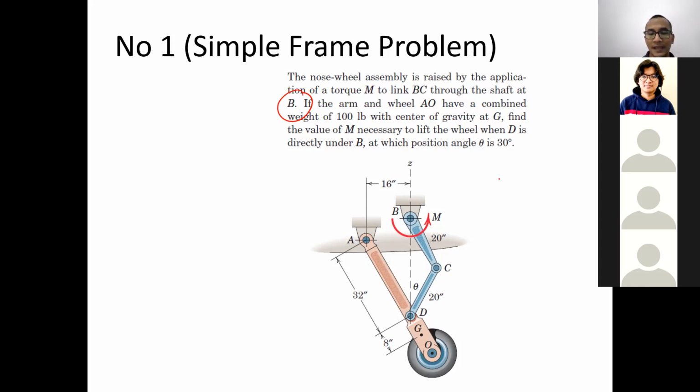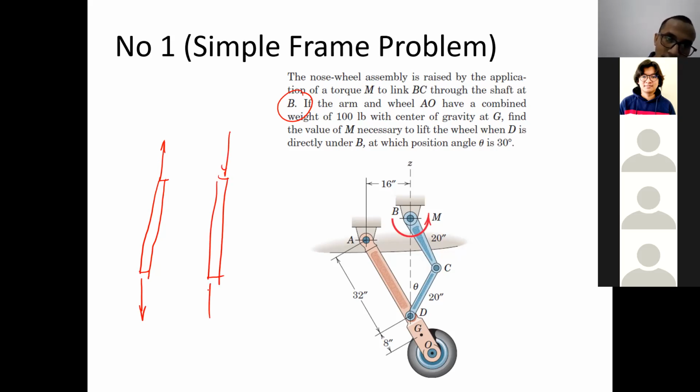If at one end it's given a moment, for example, if we have this kind of member and at both ends we get the load like this or like this, we can say this particular member is a two force member. But if at one of the ends a moment is given like this, it won't be a two force member. So can you see which member there is a two force member?